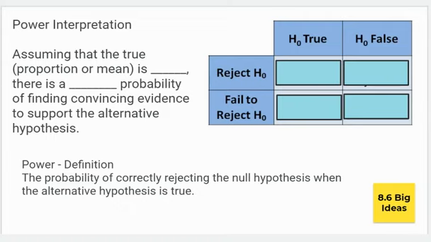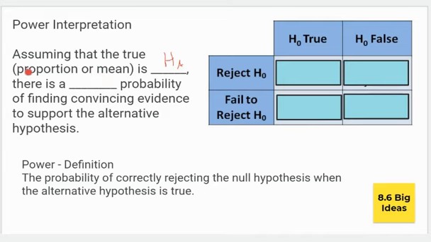When we interpret it, we want to say that assuming that the proportion or the mean is blank, and so we are assuming that the alternative hypothesis is true. So really what needs to be said here is assuming that the true proportion is whatever the value is in the alternative hypothesis, or assuming that the true mean is whatever is in the alternative hypothesis.